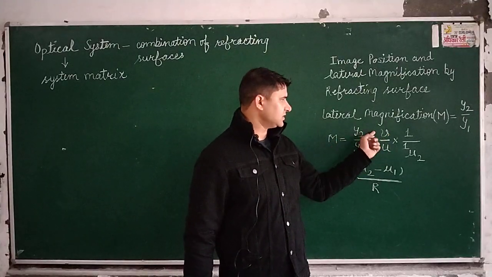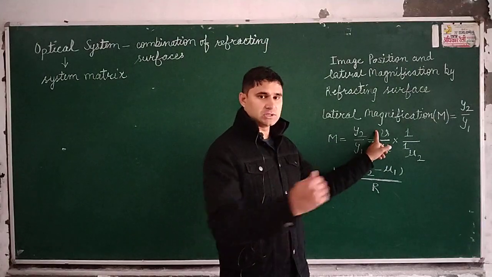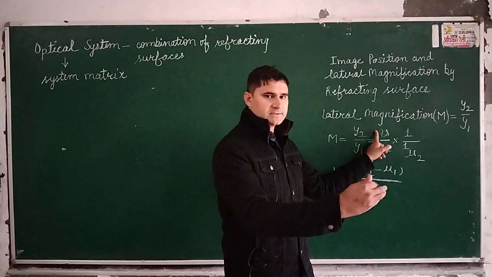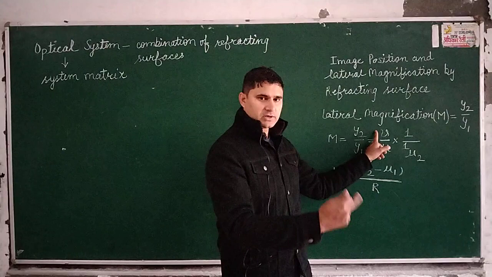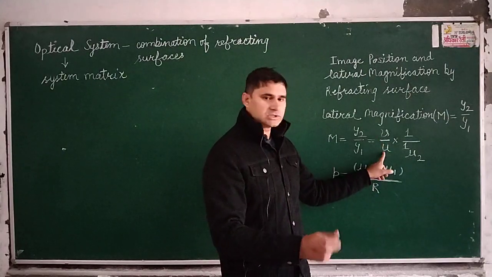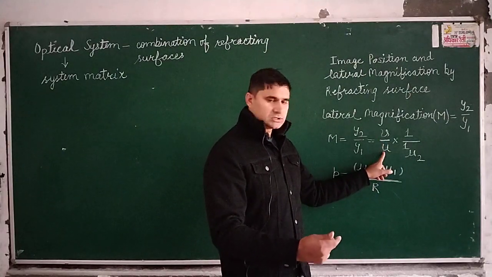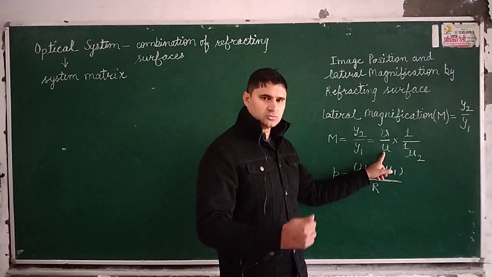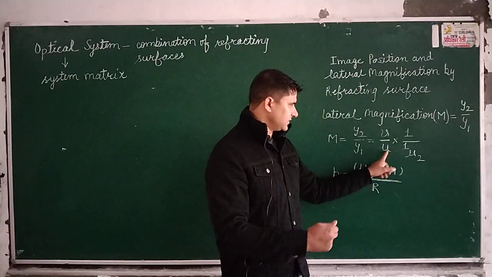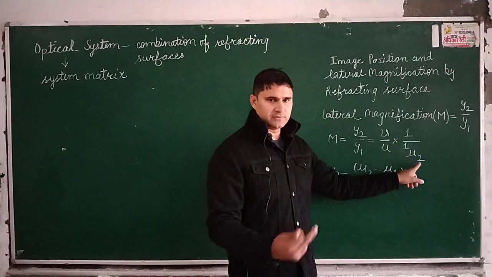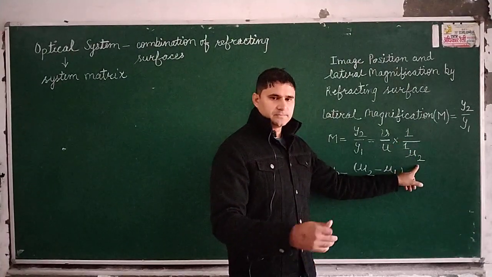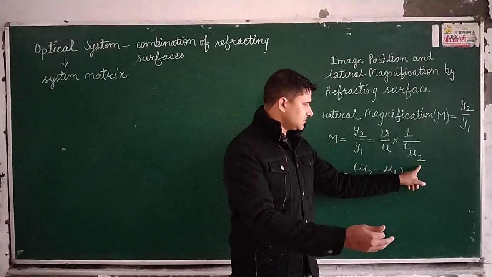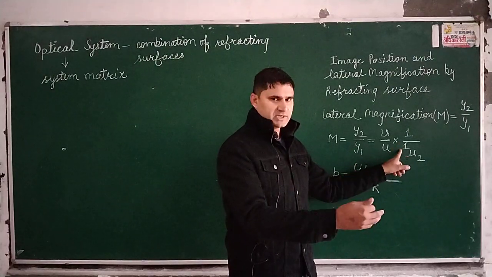Here v is the distance of the image in the image space from the pole of the refracting surface, and u is the object distance in the object space with respect to the pole of the refracting surface, along with the ratio of the refractive index of the image space with respect to the object space.